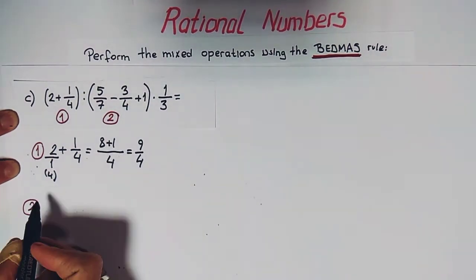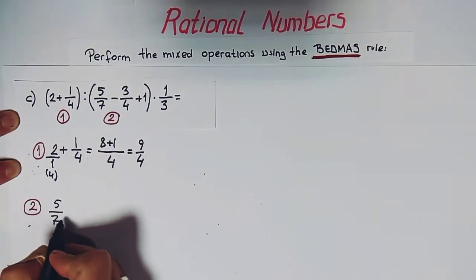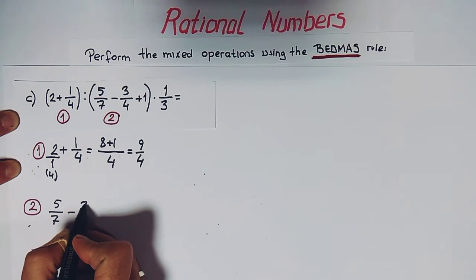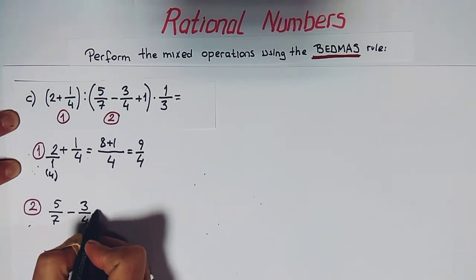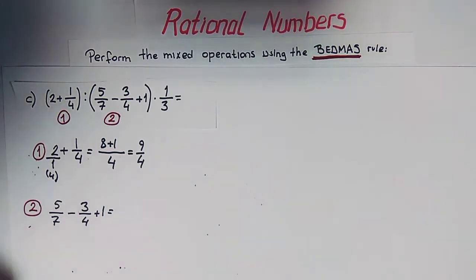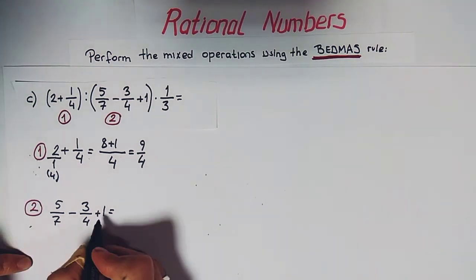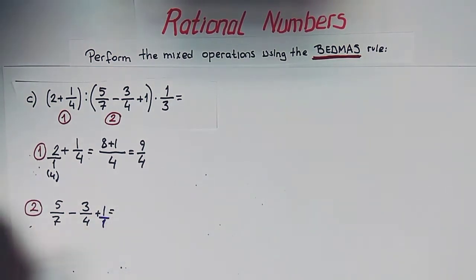Good. The second bracket is 5/7 minus 3/4 plus 1. So here we have 4 and 7 and 1. Let's also show the denominator of 1. The equal denominator is 28, as you see.